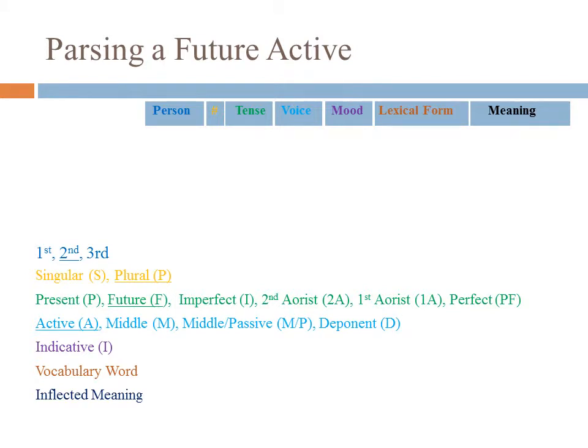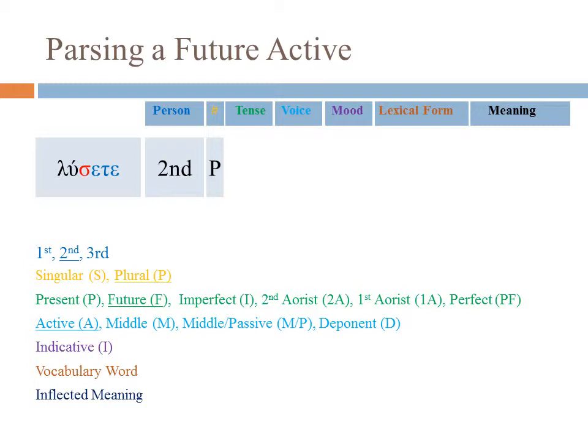Parsing a future active. This is not much different from parsing a present active. The only difference is going to be the tense. Remember, the endings are all identical, so there's not going to be any confusion here. So let's look at something. Lusete, that ending there, that ete, we know is second person plural.